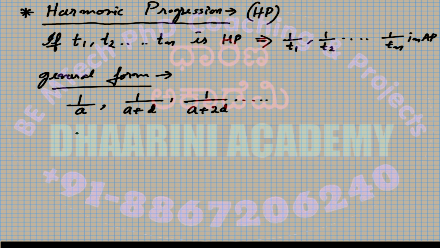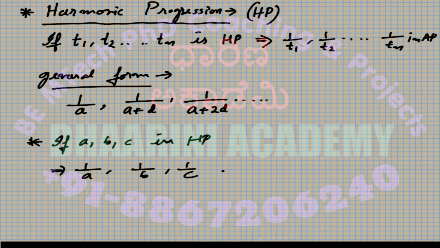Okay, this is something like a note for us. So if A, B, C are in HP, this implies 1 by A, 1 by B, 1 by C are in AP.